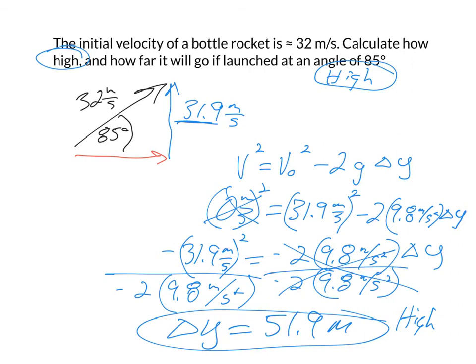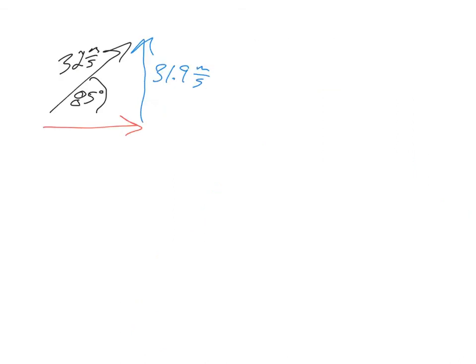Let's do how far. Alright, I hope it made sense to you that at this 85-degree angle, which is not drawn to scale, 31.9 is almost the 32, so almost all of that velocity is sending it upwards and very little is sending it far. So we're on how far now, which means I need this velocity down here in meters per second.